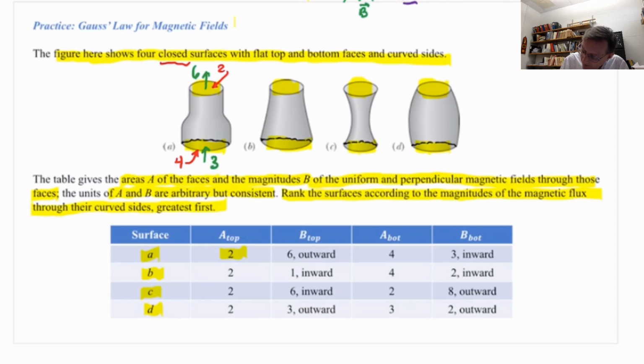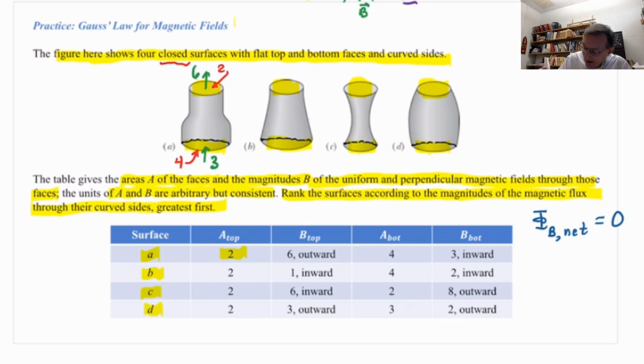Gauss's law for magnetic fields could be written this way. The net magnetic flux through a closed mathematical surface must always equal 0, no matter how complicated that surface is, as long as it's closed. In our 4 cases here, we have somewhat messy or complicated looking surfaces, but they have similar characteristics. They have a flat top face, a flat bottom face, and a curved side.